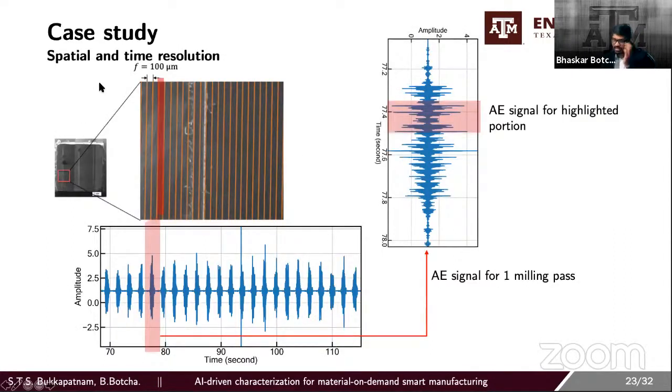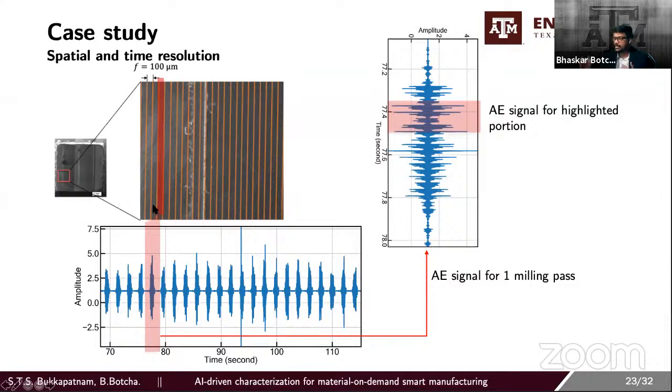Again, as I said earlier, what is spatial and time resolution? We look at this particular sample. It was milled in these particular passes. If we look at all these passes here, each and every pass corresponds to a burst of signal from acoustic emission. All these are acoustic emission signals. If we look at this particular pass here, just this one, this particular burst of signal is coming from this particular cut.